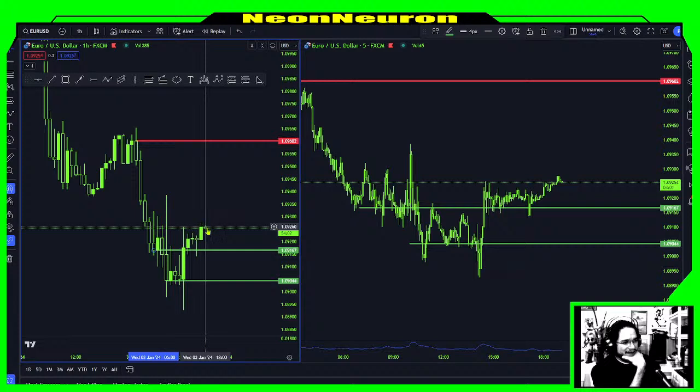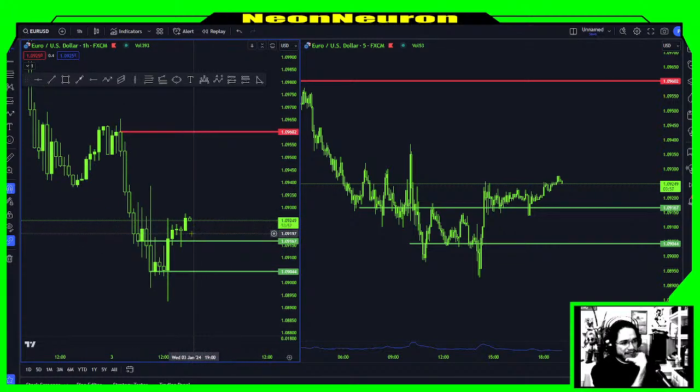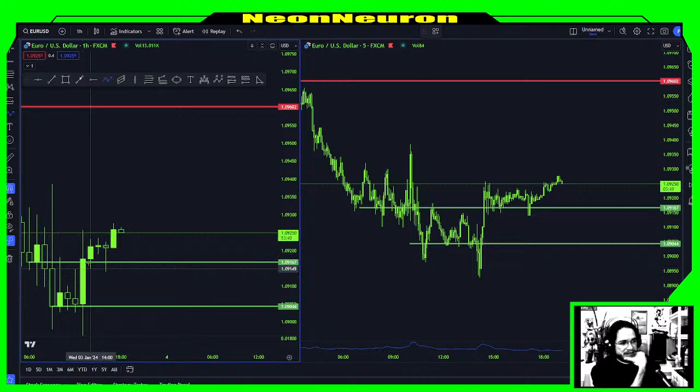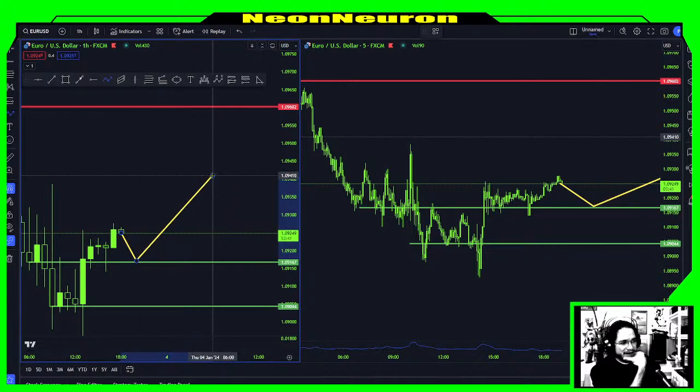If price touches down again, which is usually the case, we'll probably see price bounce right here. Price breaks this resistance, and it's going to test here, and it could bounce up before moving. If that's the case, I need to close my trades as soon as it hits here.